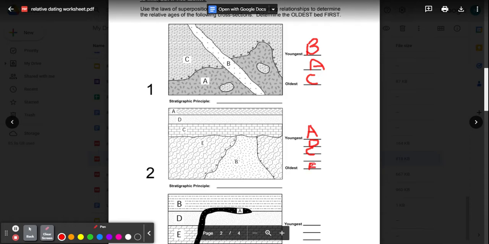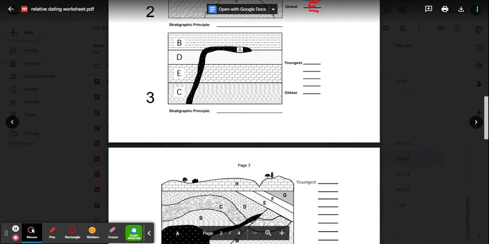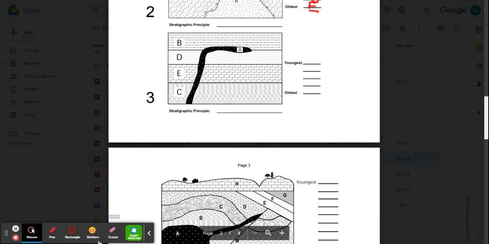So E's oldest, and then B. Boom. Sorry for my terrible writing. It is on the computer, and I'm doing my best with my mouse. So you could, again, use law of superposition there. You could put cross-cutting relationships, either one.